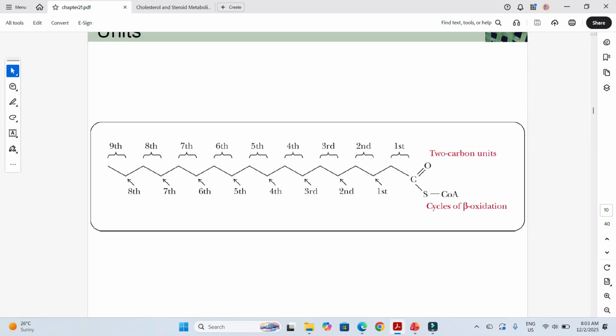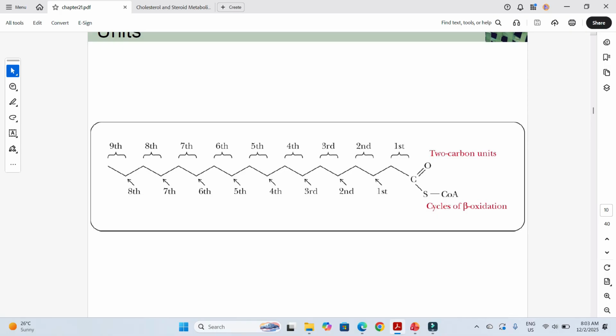Well, remember, acetyl-CoA has 2 carbon atoms, so in effect, you have 18 carbon atoms here in total. There are 9 acetyl-CoA groups that are obtainable from the beta oxidation of stearoyl-CoA. So that's going to be 18 divided by 2, that's going to be 9, right?